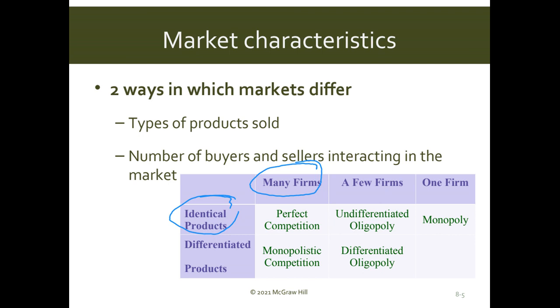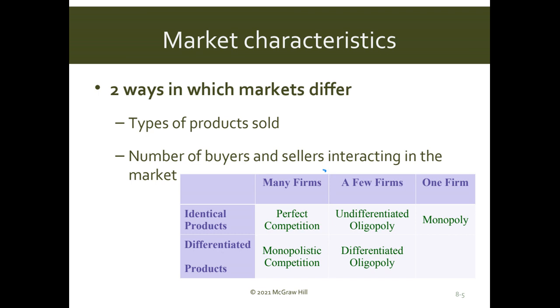Suppose you have the same characteristic of a large number of farms, but instead of producing an identical product, these firms are producing differentiated products. Okay, so let me clear this and then show. So now the second possibility would be that we have a large number of farms, but all these farms are producing slightly differentiated products.